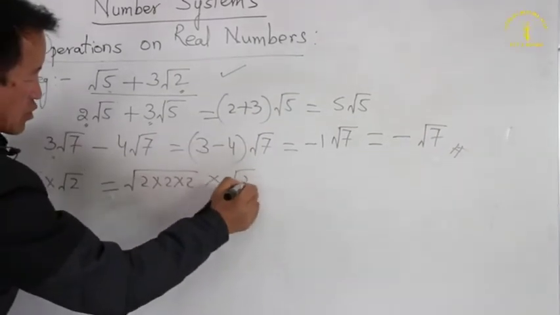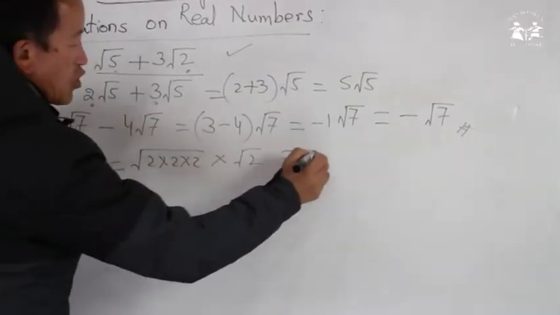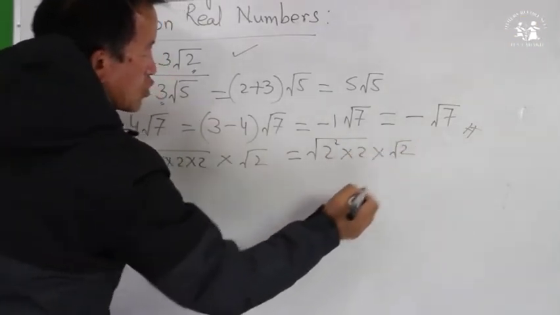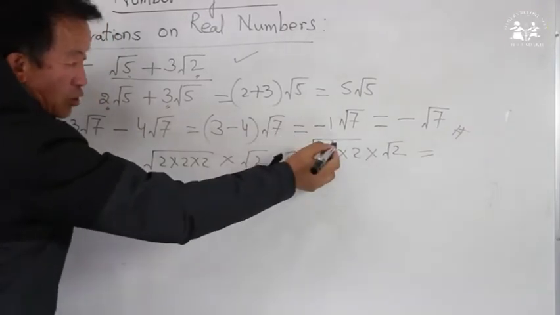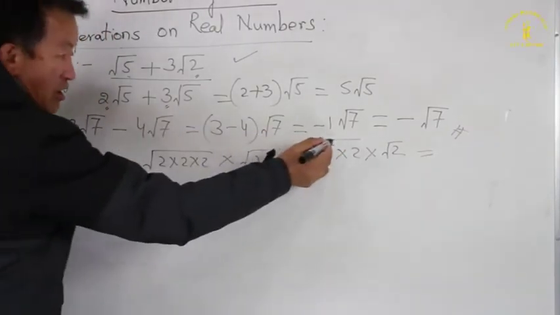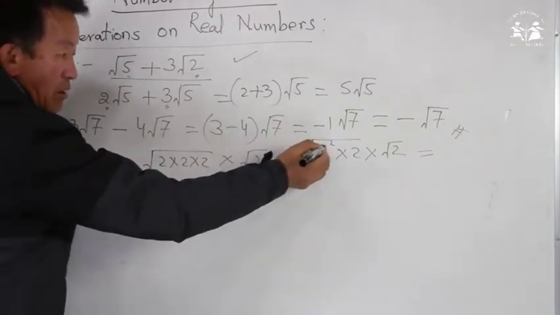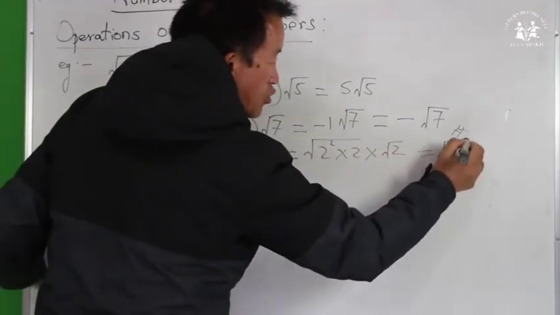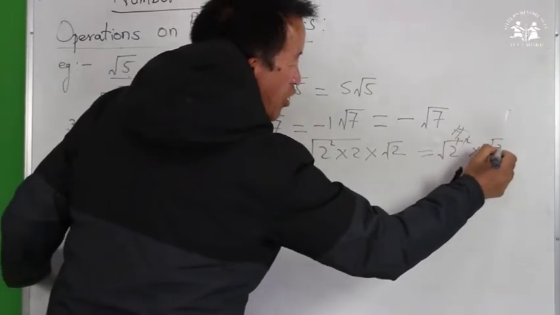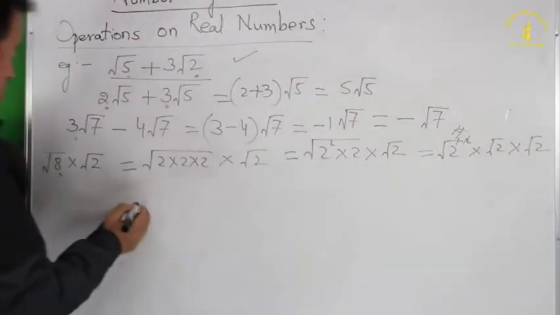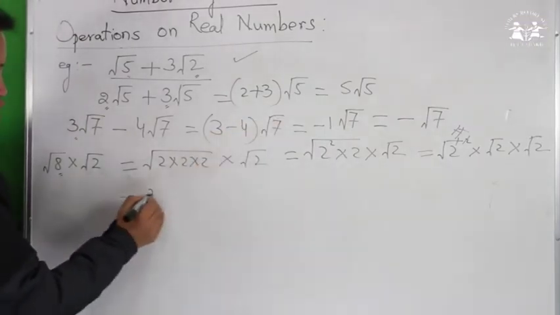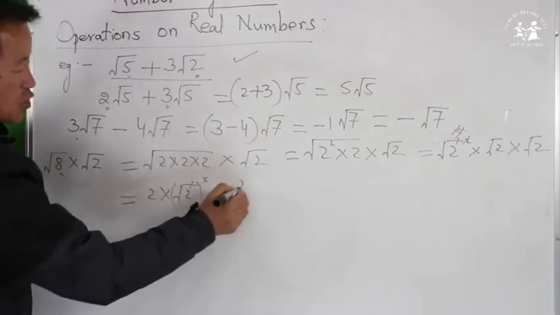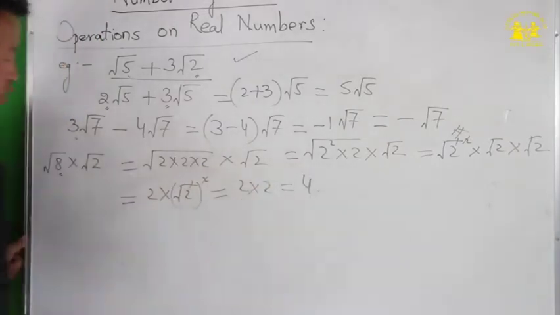Multiply by square root of 2: the square root and the square cancel, so 2 into square root of 2 into square root of 2 gives 2 into 2, and 2 twos are 4.